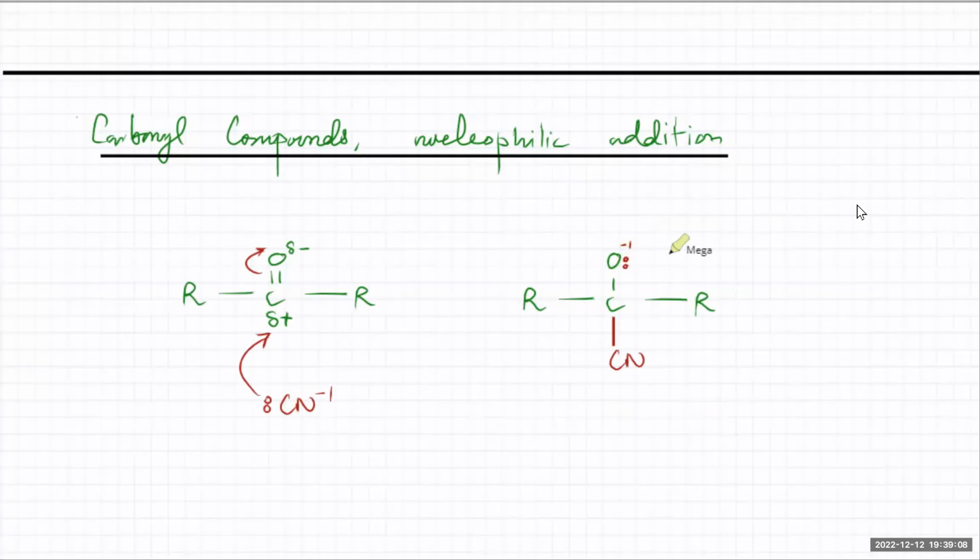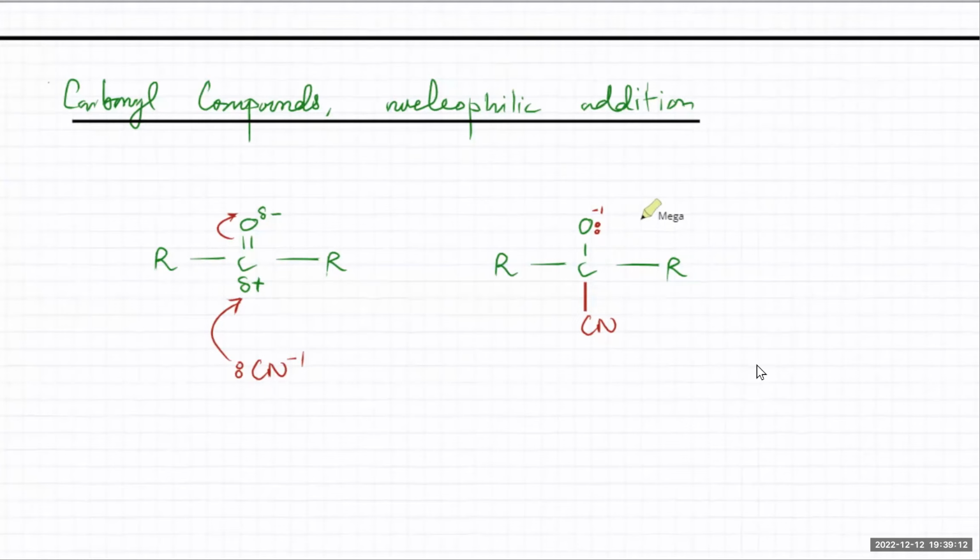Now the other thing is that this intermediate, which is a negative ion, is going to get attracted to H plus from HCN. And the electrons over here are going to get attracted to it, and eventually it's going to form OH at the top.